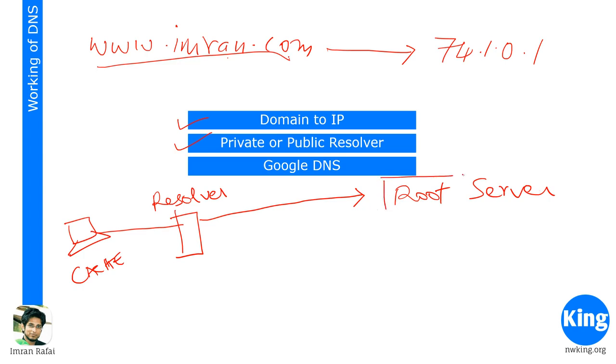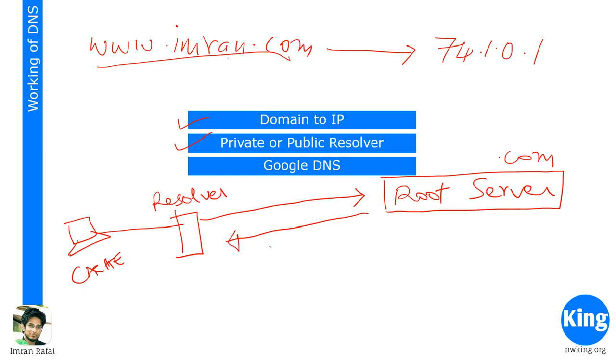It will say, okay, fine, I don't know what imran.com is, but I can tell you where you can find information regarding .com, or I can give you the TLD server information for .com. TLD is nothing but top level domain. So the top level domain server for .com is accessible at this IP address.